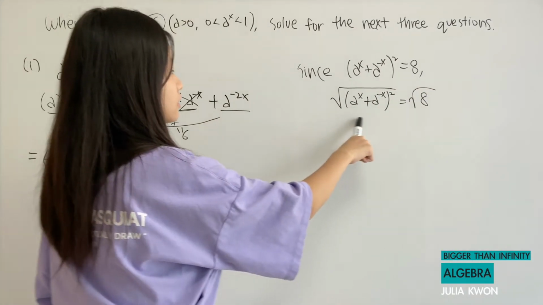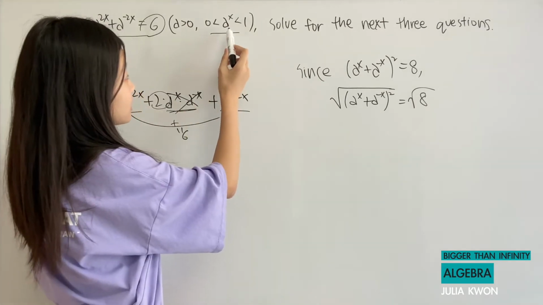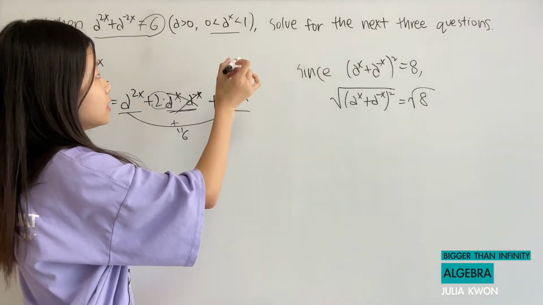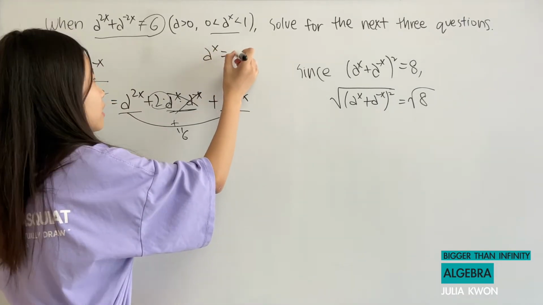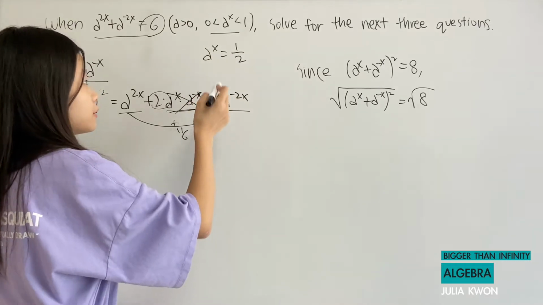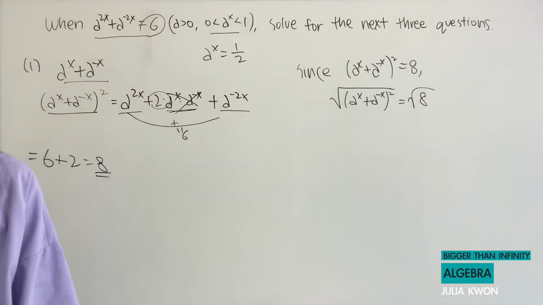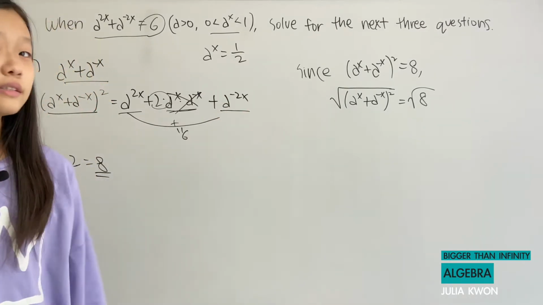then here what we do is, so we're going to use this. Since a to the power of x is between 0 and 1, we're going to set a to the power of x as 1/2. Of course, we don't know that a to the power of x is actually 1/2, but we're just going to substitute it to test out something.